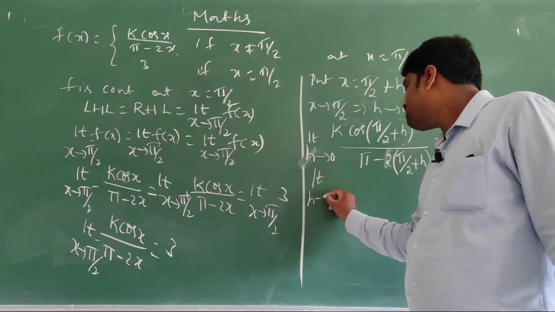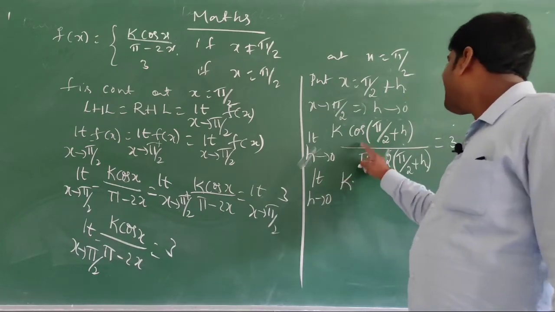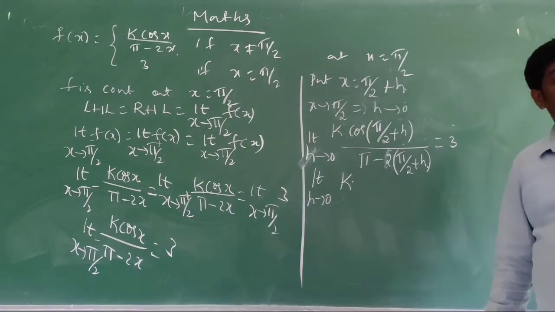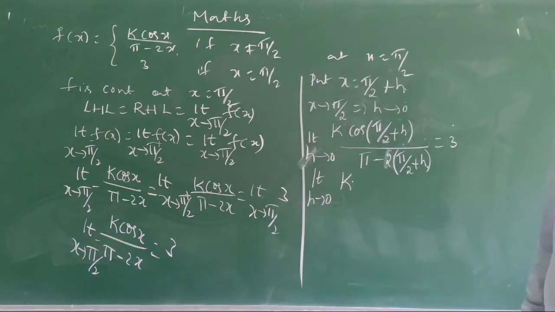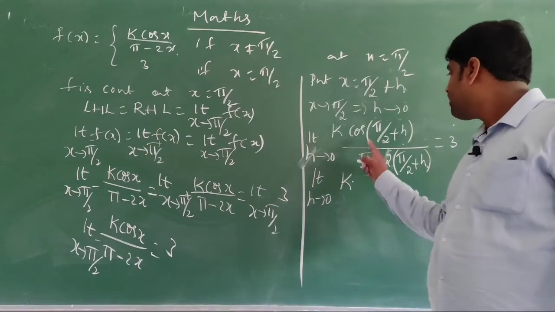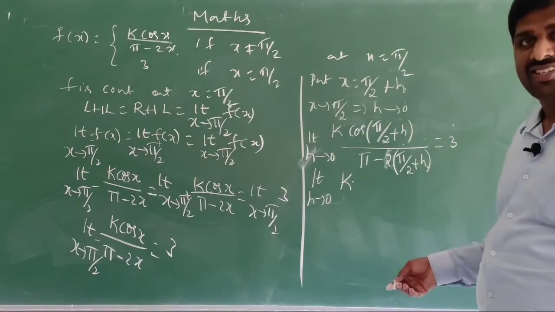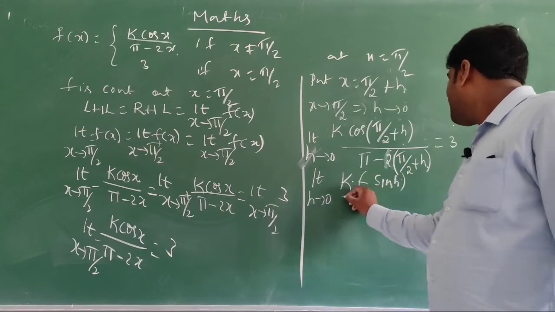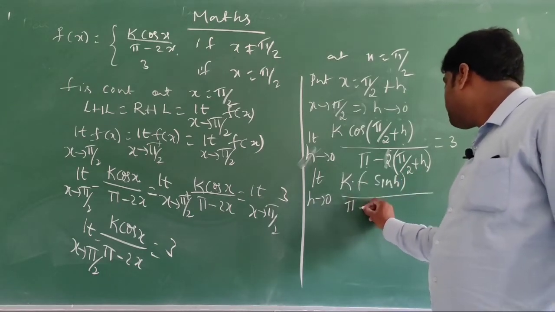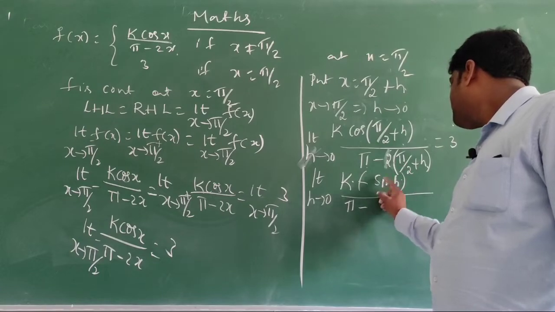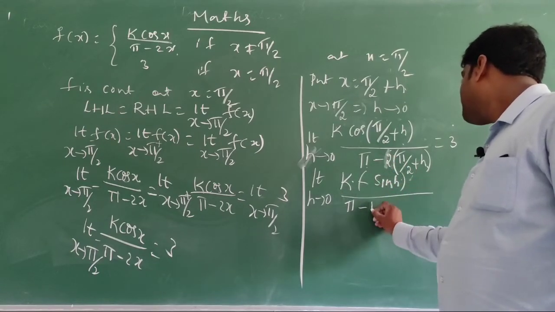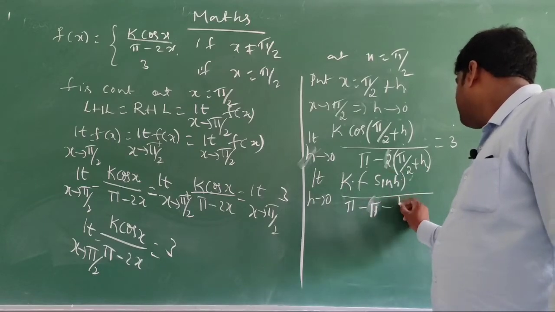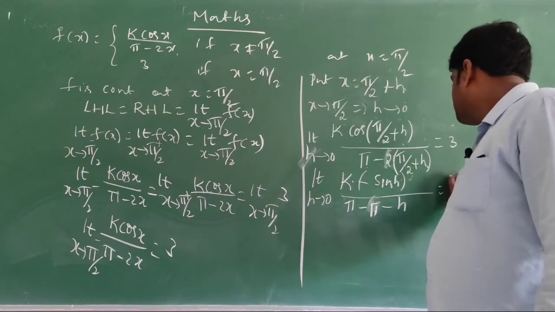Limit h tends to 0 of k cos 90 plus theta. Cos 90 plus theta is in the second quadrant, where cos is negative, and the function changes to sin, that is minus sin h. Divided by pi as it is, minus 2 into pi by 2 gives minus pi, minus into plus, minus 2h. So it is equal to 3.